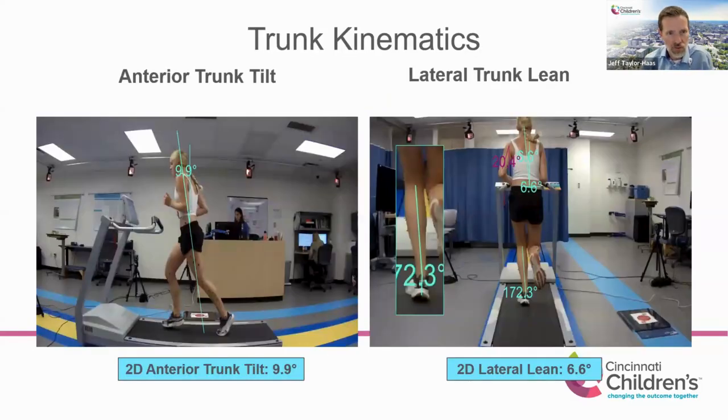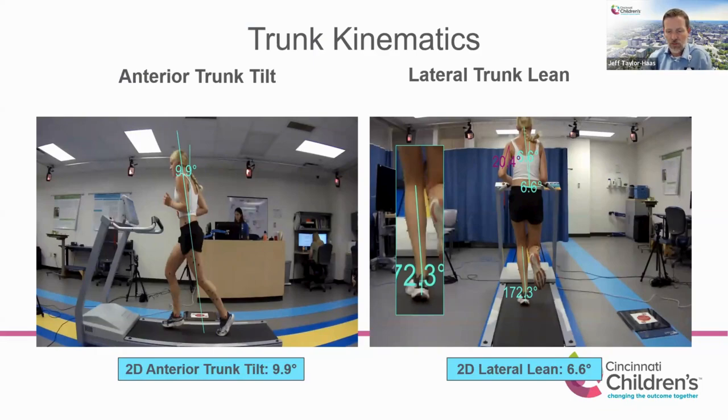So here, looking at anterior trunk tilt on this runner who happens to be my daughter, and she gave me permission to share her video. She's running with a more traditional anterior trunk lean, which we typically see as a more normal trunk position, with a little bit more trunk lean in the neighborhood of 7 to 10 degrees.